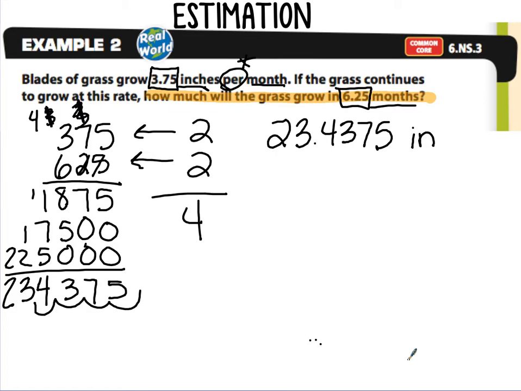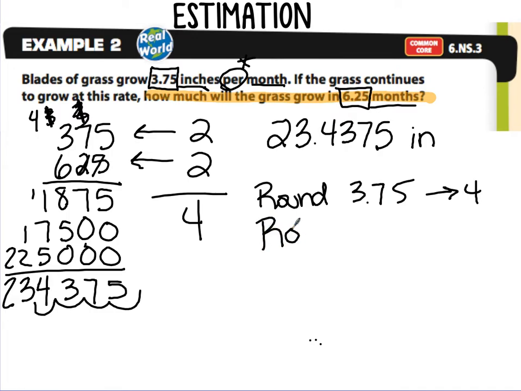Okay. To estimate, we would round. Okay, so first we would round 7/25 would round to 4. Make this a little bit easier. And then we would also round 6 and 25/100ths. We would round this to the nearest whole.